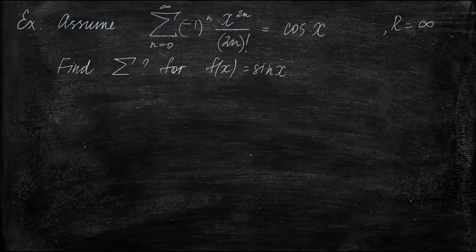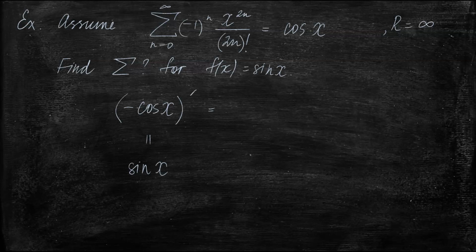And what we know about the sine and cosine is that one is the derivative of another one. So if we're looking for a power series of sine, then what we can do is we can take the negative cosine of x function and take its derivative. And this is one way of getting sine of x.